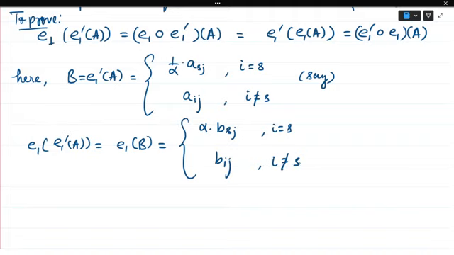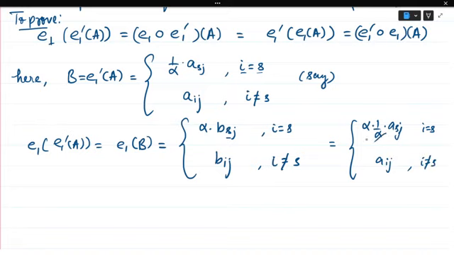So now we are interested in substituting the value of Bsj. Bsj, when i is equal to s, is given by alpha times 1 by alpha times Asj, and one can write Aij when i is not equal to s.